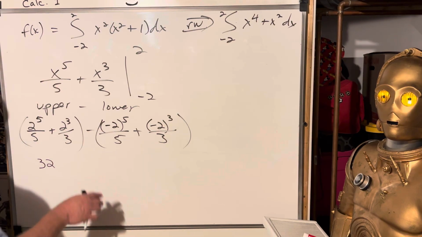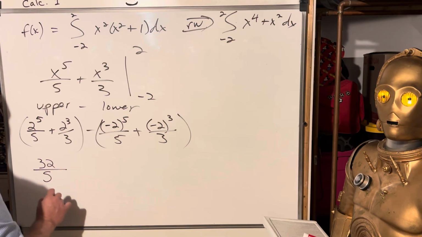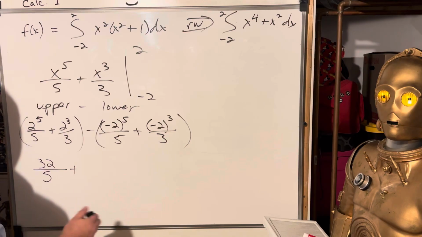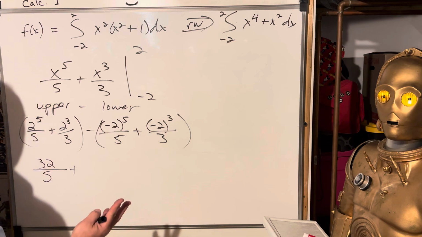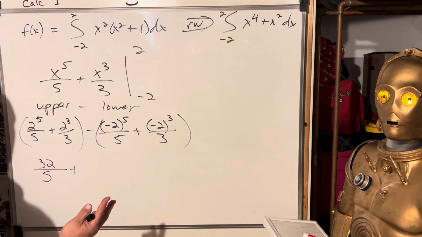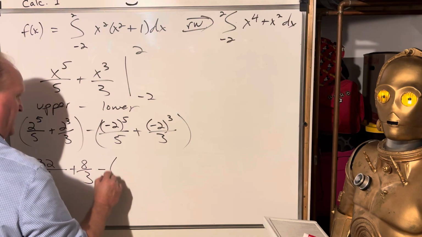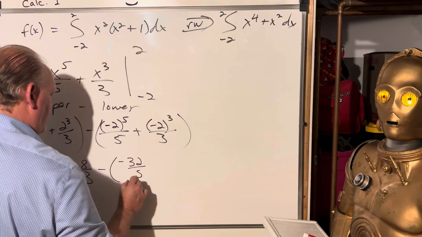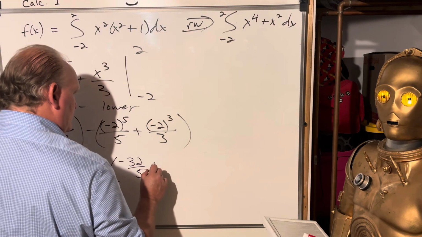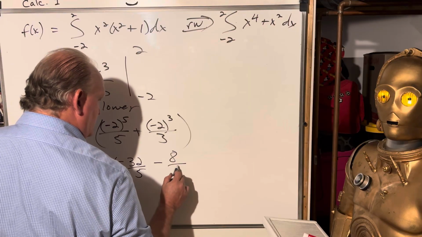Anyway, let's finish what I got here. 32 fifths plus, is that 32? 2 times 2 is 4, times 2 is 8, times 2 is 16, times 2 is 32. Okay. And 8/3. And then minus, and this is going to be negative 32 fifths minus 8/3.